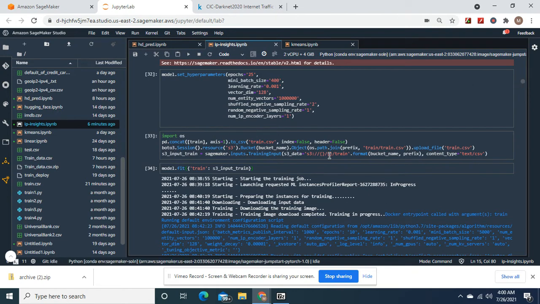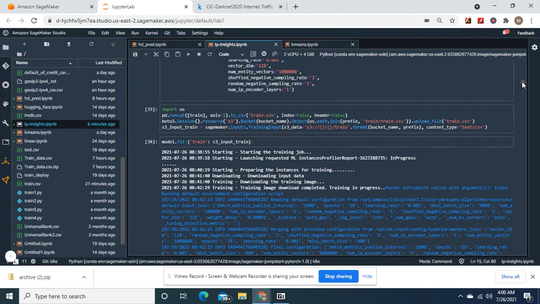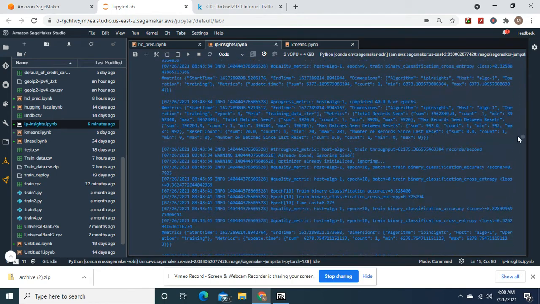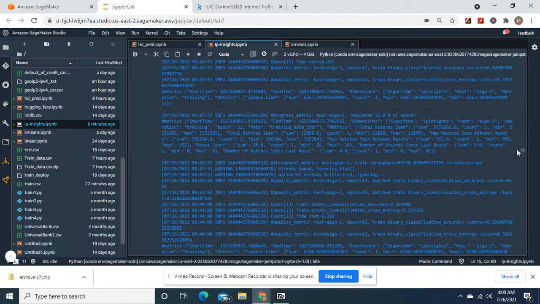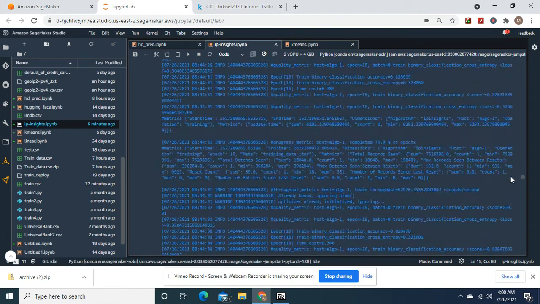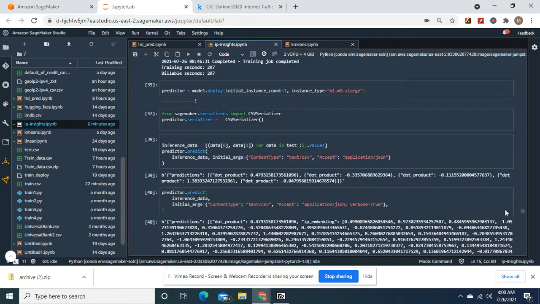Okay, and then obviously you have to upload the file into the S3 bucket. What I did was I put train right here, and I'm going to use the training set, and then train. There we go. Okay, guys, as you can see, this is unsupervised learning, kinda, but I'd say it's more semi-supervised.